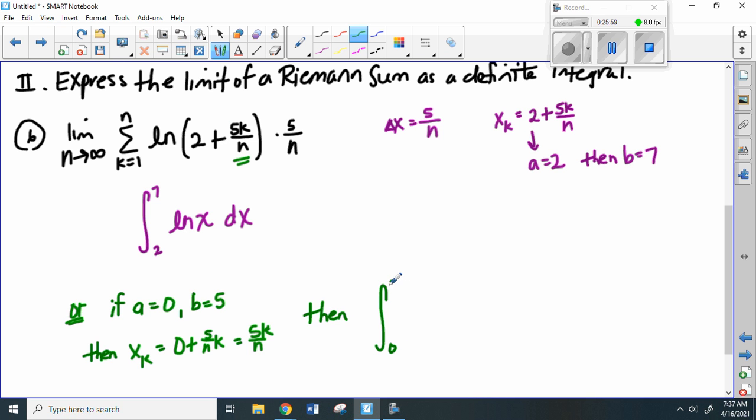I would go from 0 to 5, but the 2 would already have been part of the original function, and the x sub k was just the 5k over n, so that's where my x goes. I prefer reading it like this when there's already a number added to something else, but both of these would give you the identical area if you were to work them out.